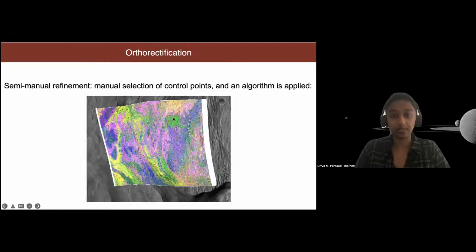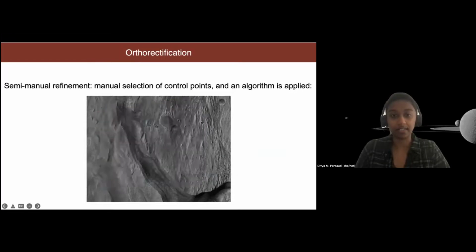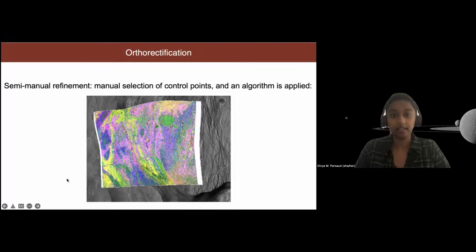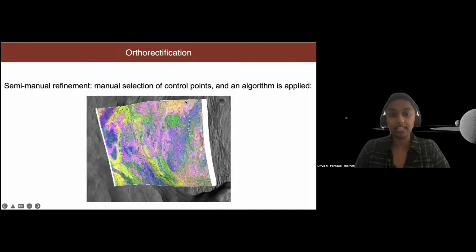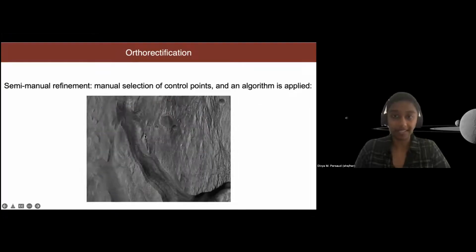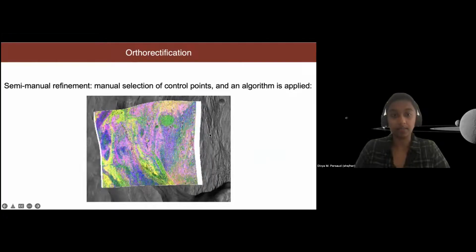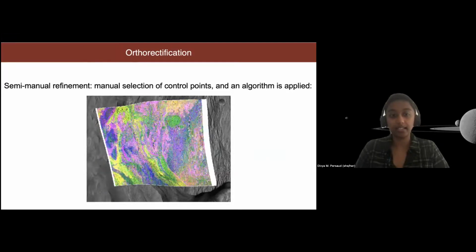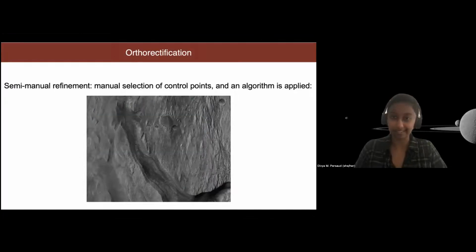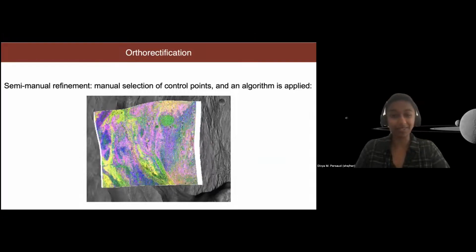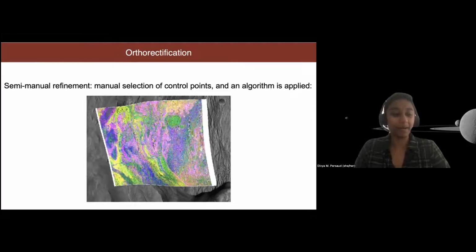So here's a sort of warpy version, and then there it is lining up nicely. And so this is a very human intensive way of doing this. It's involved, it's also subjective, it's also really hard to reproduce if you're trying to tell someone else how to do it, but it also gets you the results you want.